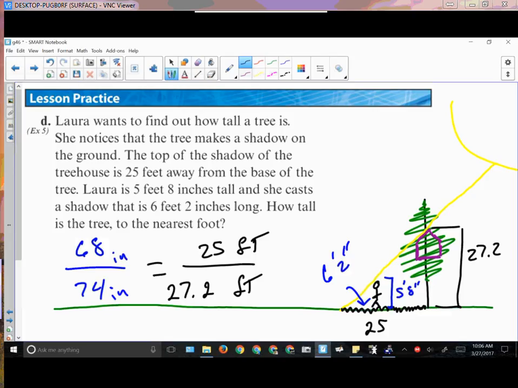So that means that the height of the tree house would have to be 27.2. Do we know how tall the tree is? Absolutely not. But I do know how far the top of the tree house is off the ground. Who knows? It could have been a 2-story tree house, right?